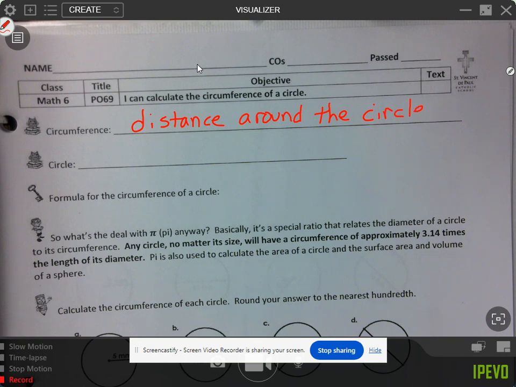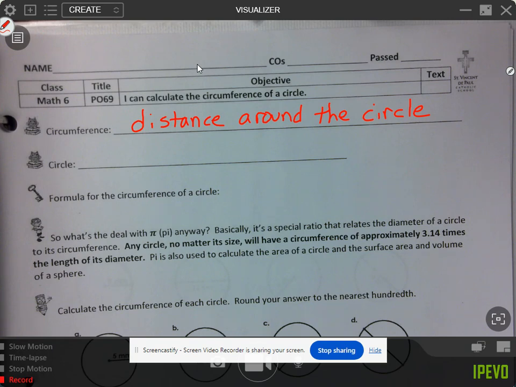What is that similar to? What have we already talked about that it's very similar to? If we look at our square or rectangle, what would the circumference be similar to? Not the area, perimeter.